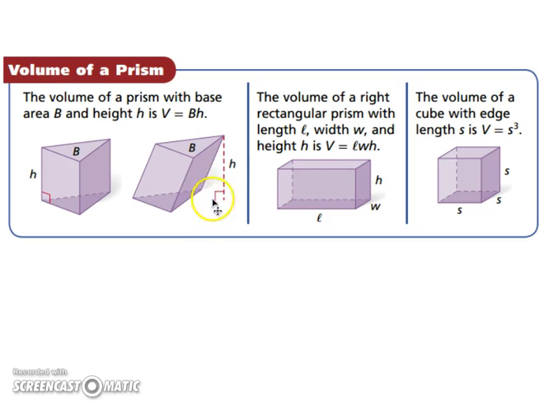If you want, you can go more specific, because the volume of a rectangular prism with length L, width W, and height h is length times width times height, or area of the base, which is length times width, times your height. And for a cube, length times width, which is S and S, times your height, which is S. So, S cubed.